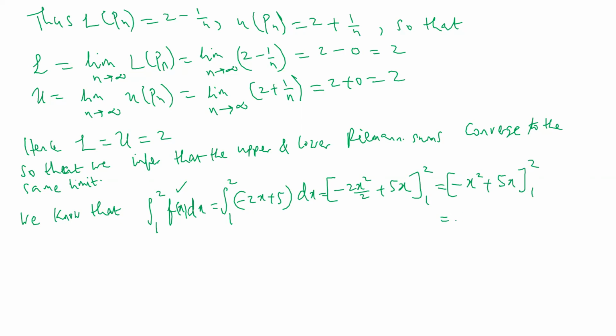And this is minus 2 squared plus 5 by 2, minus, minus 1 squared plus 5 by 1. So this one is 10 minus 4, 6, minus, this one is 5 minus 1, 4. 6 minus 4 is 2.